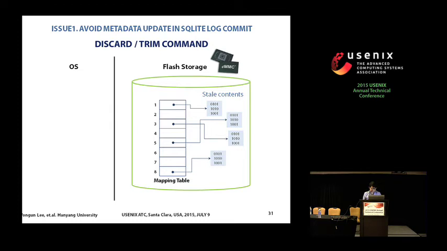Here we briefly explain how the discard or trim command works. When a discard or trim command is issued with a number of LBAs, it asks the flash storage to remove the mapping table entries for the respective blocks. So with discarded or trimmed blocks, stale data is protected from inappropriate attempts to read.